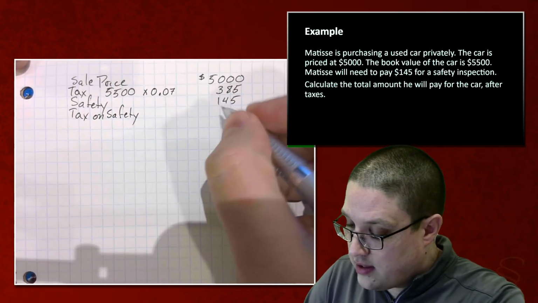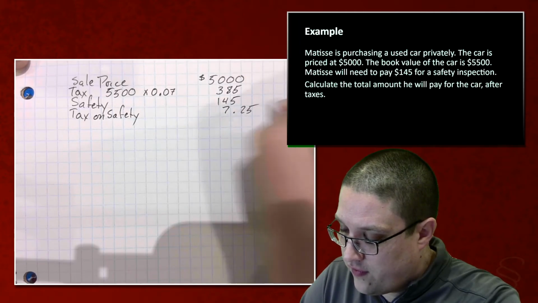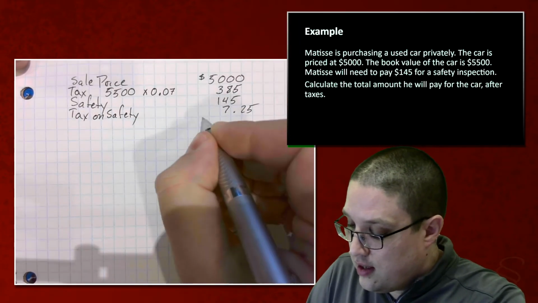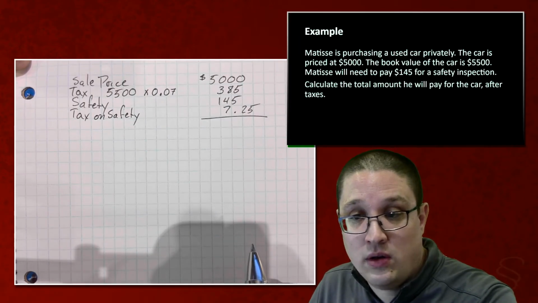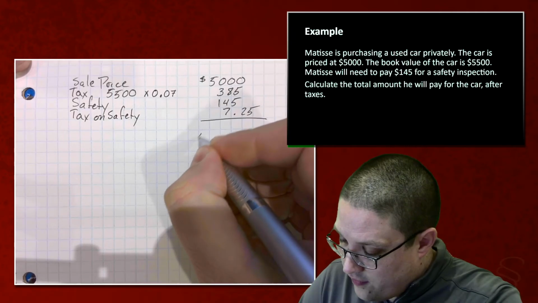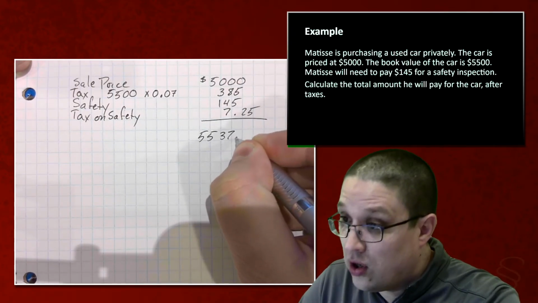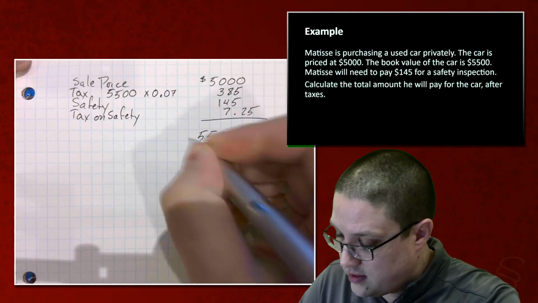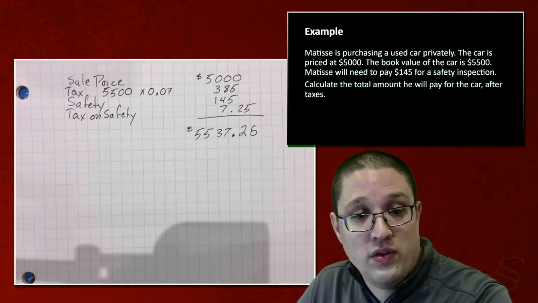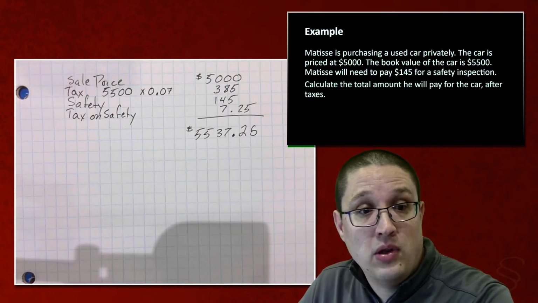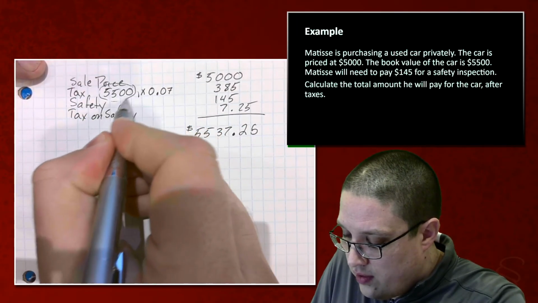So our tax here on the safety is going to be $7.25. So the total amount that Matisse needs to pay for this vehicle is going to be $5,537.25. Notice that I've included all the taxes where applicable, and I made sure to calculate the tax on the book value here.